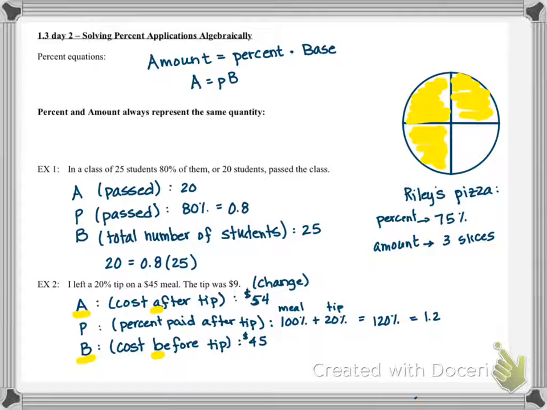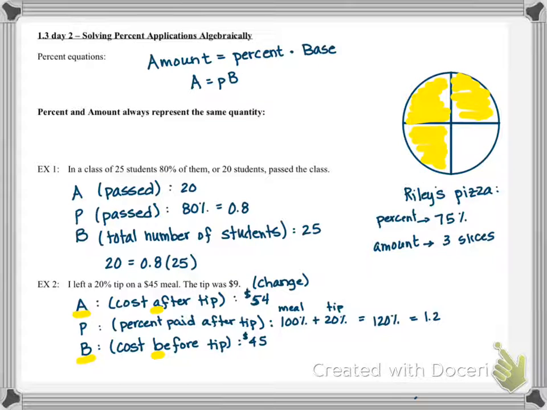This setup isn't the only way you can approach some of these problems. We could have said that the amount is the amount of the tip and that the percent is the percent of the tip, and then that would be 9 and 20%. However, when we get to problems where we don't know the cost before, so we don't know the base, we have to set it up this way. I think it's easier to learn one way of setting this type of problem up and use it for all the problems.